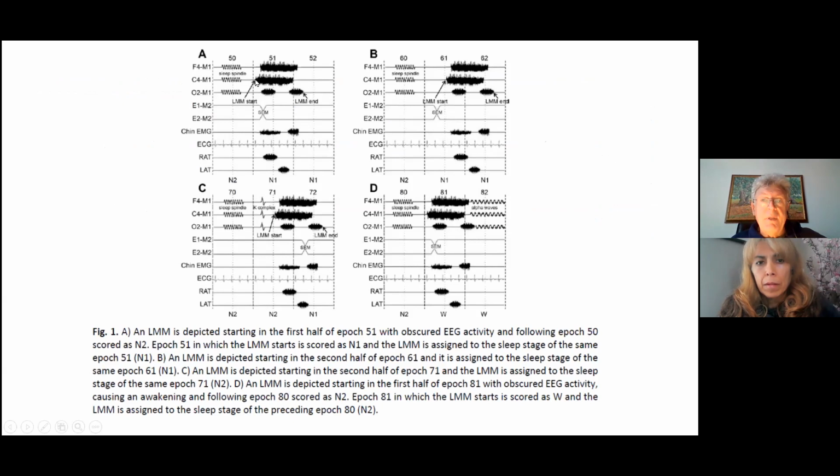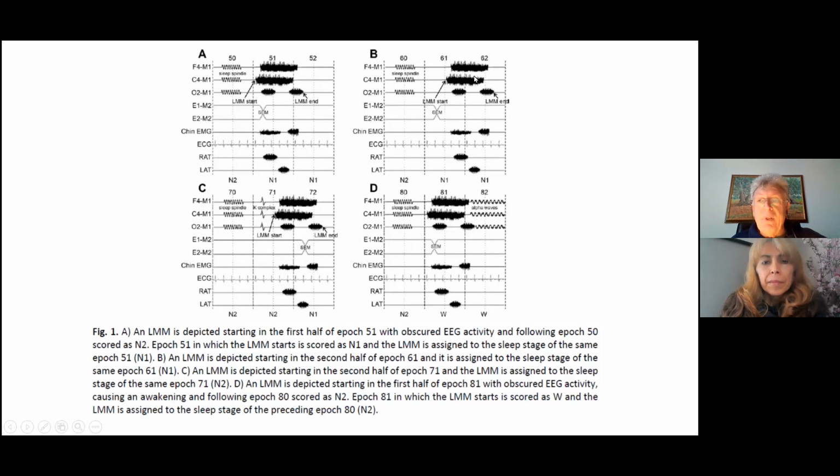It starts here because the first occurrence of the movement is this point, and it is followed by movement in other channels, as you can see. And this, following the ASDA criteria, is scored as N1, okay? And we score this LMM here, no problem whatsoever.